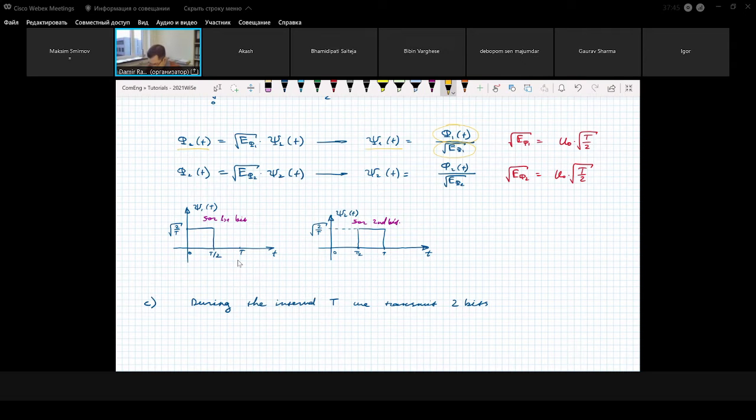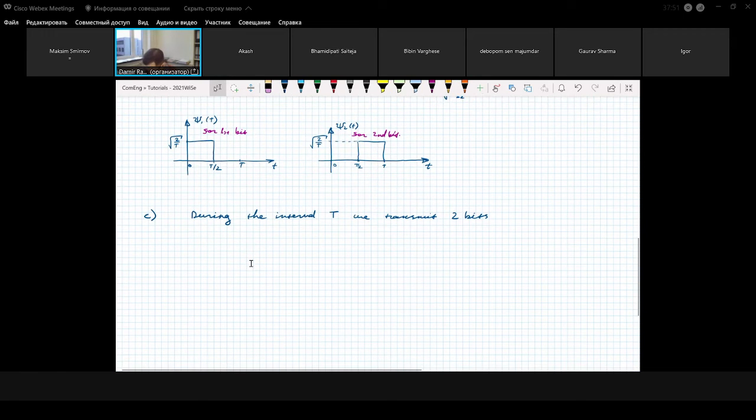So let's go back. During the interval T, we transmit 2 bits. And we see that both intervals for each bit are the same. And we can conclude that TB, the time interval for 1 bit, is nothing else but simply capital T divided by 2.